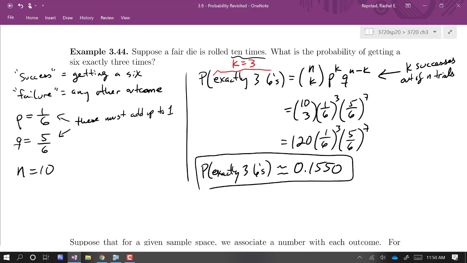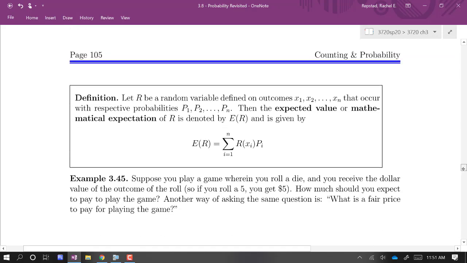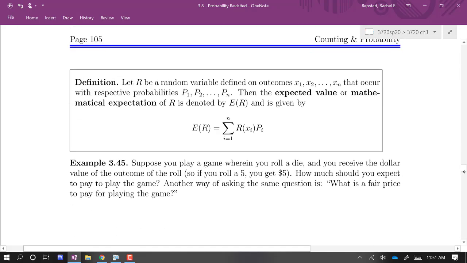And in this scenario, we found the probability that that random variable equals 3, right? That we got 3 6s. So in our next definition, if we have a random variable defined on some outcomes that occur with respective probabilities, so the probability of x1 is p1, and the probability of x2 is p2.